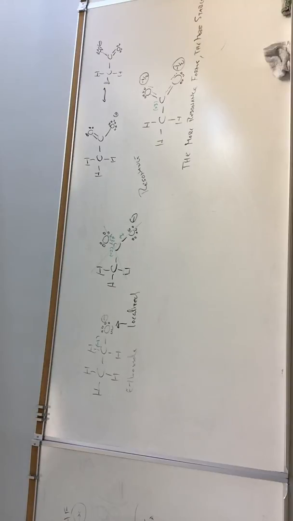In fact, sulfate is quite a bit weaker than sulfite, as you can see here on the chart. Actually, both of them are here. This is sulfite here, moderate base; sulfate, very weak. So this is resonance delocalization.